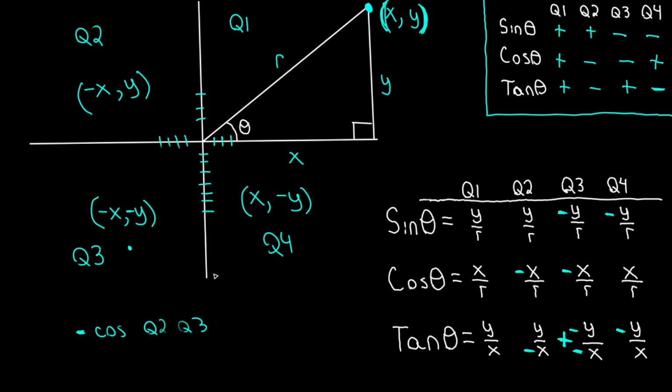But now you figure out that sine is positive. And the only place that sine is positive and cosine is negative is in quadrant 2, up here. So you know that you're in quadrant 2, and you'll get some problems like that eventually.